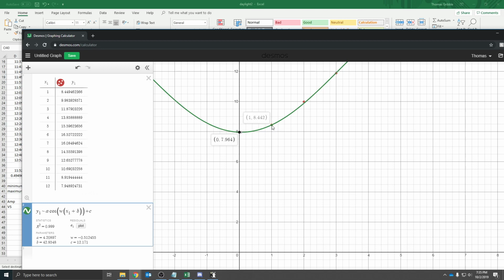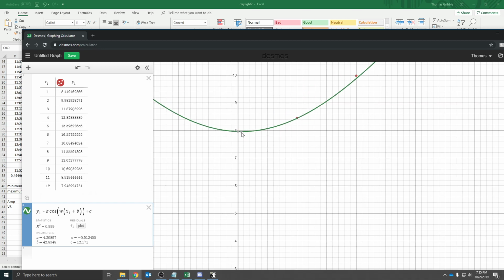This first data point is at the end of January, right? It's at 1. So maybe it should be 0.5, and maybe we should have February's data at 1.5. But regardless, this minimum doesn't make sense because the shortest day of the year is not in January. It's in December. It's actually on December 21st, which is the winter solstice. So our minimum should be over here a little bit.